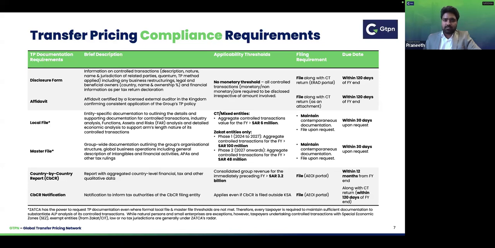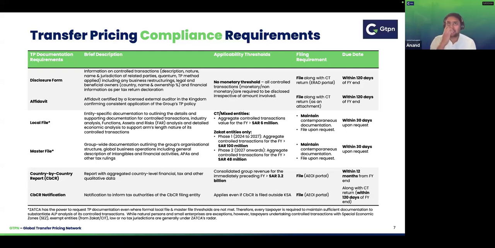While natural persons and small entities might be an exception, all the entities who are mainly transacting with, say, low tax jurisdictions or exempt entities or special economic zones will be under the radar. So it's recommended for everyone who has controlled transactions to maintain minimum transparency documentation, mainly the comparability analysis, as we call it. Thanks, Praneeth, for the clarification.